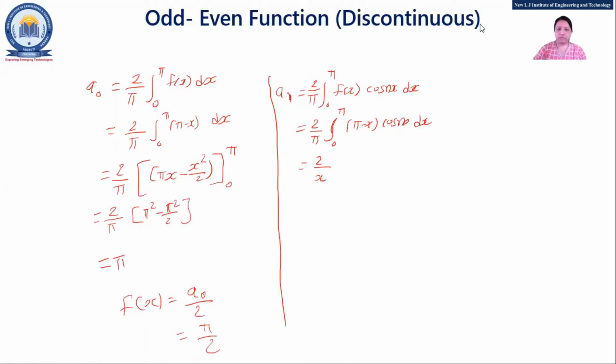Okay, the answer is 2 upon pi, minus 1 raised to n. Quickly solve it.